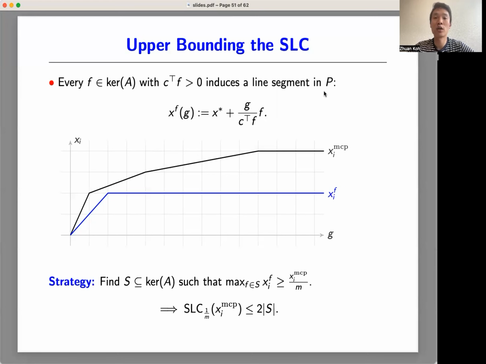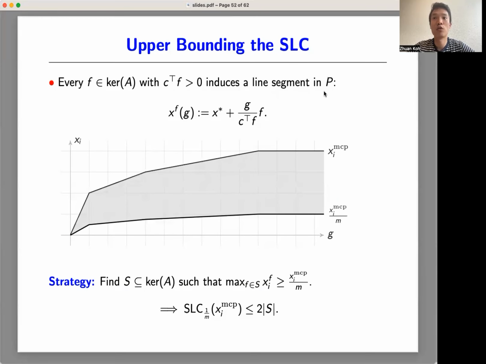And this would then imply that the straight line complexity is at most 2 times the size of the set S. For example, if this is the 1/m neighborhood of the max central path on coordinate i, and these two blue simple curves are the curves for the two vectors in our set S, and that their pointwise maximum lies in the neighborhood, then one can see that the straight line complexity is at most 4, because every vector in S induces at most 2 linear pieces in the resulting pointwise maximum curve. And the resulting pointwise maximum curve is piecewise affine.